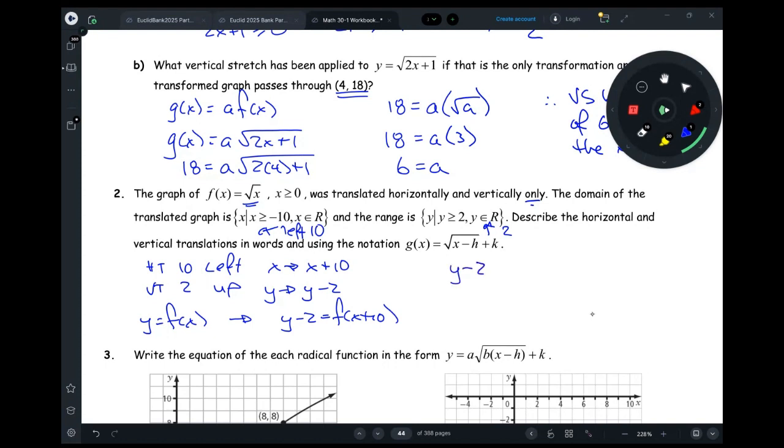It's going to be y minus 2 is equal to the square root of x plus 10. And then I bring that 2 over, so x plus 10 plus 2. Now I know that looks kind of weird because we've got that subtraction inside that binomial there under the radical. I'm seeing an x minus h. Shouldn't that be a negative number there?